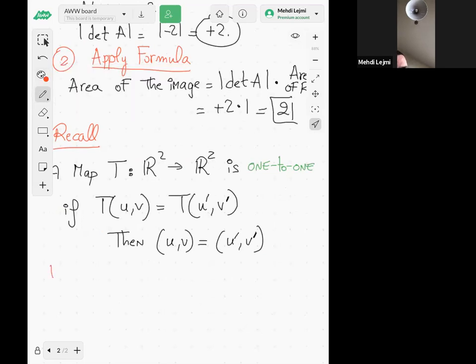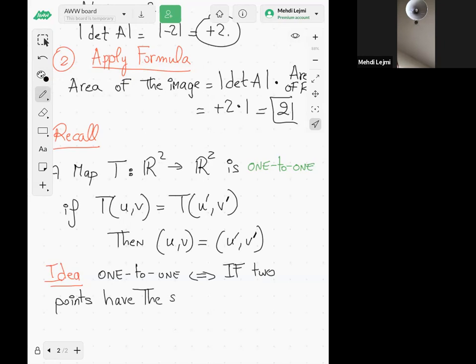So one-to-one means that if two points have the same image, then the two points are the same.